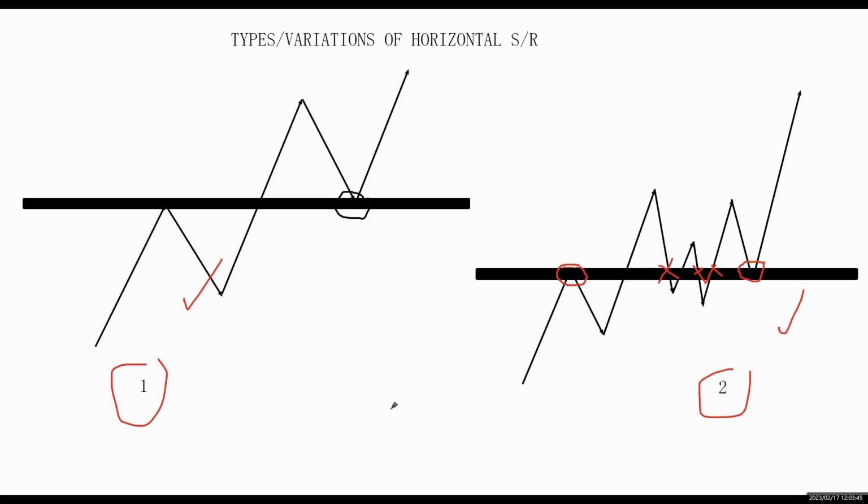Your goal at the end of the day, in this case, this is a case of a buy right here. Your goal is to be able to take your buy opportunity right on this level, and your buy opportunity right on this level, upon candlestick confirmation.